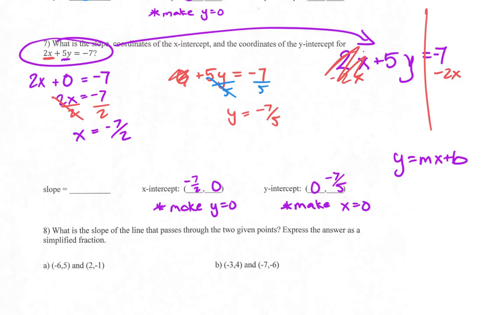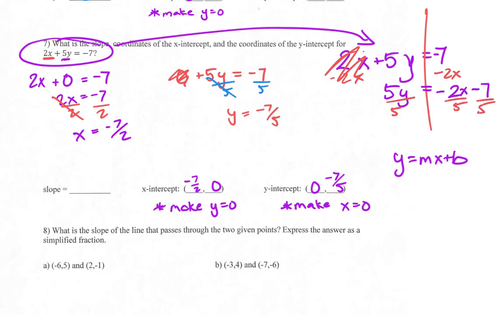Bye-bye. 5y equals, remember, you can't combine those because they're not like terms. So it's just going to say -2x and -7. You can't combine them. You can't call it -9. Don't do that. All right, and then the last step, divide by the number in front of y.